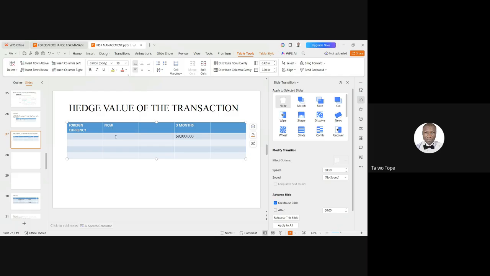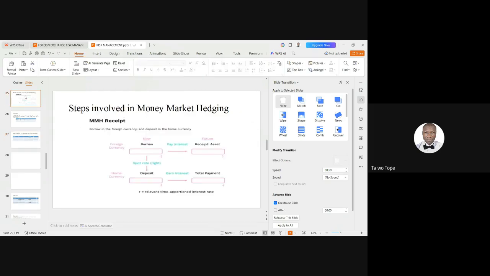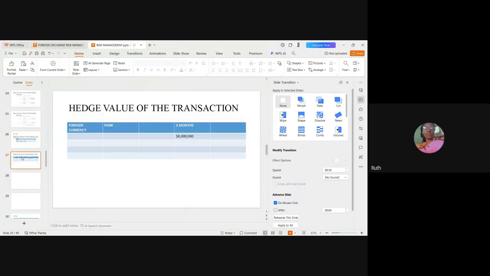How much are we going to borrow? You are going to say 8 million divided by 1 plus i.